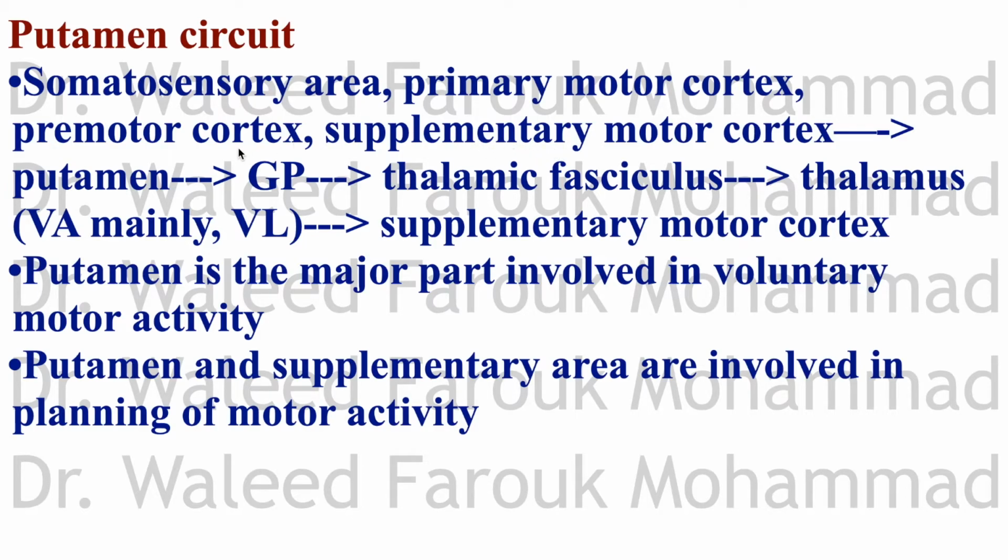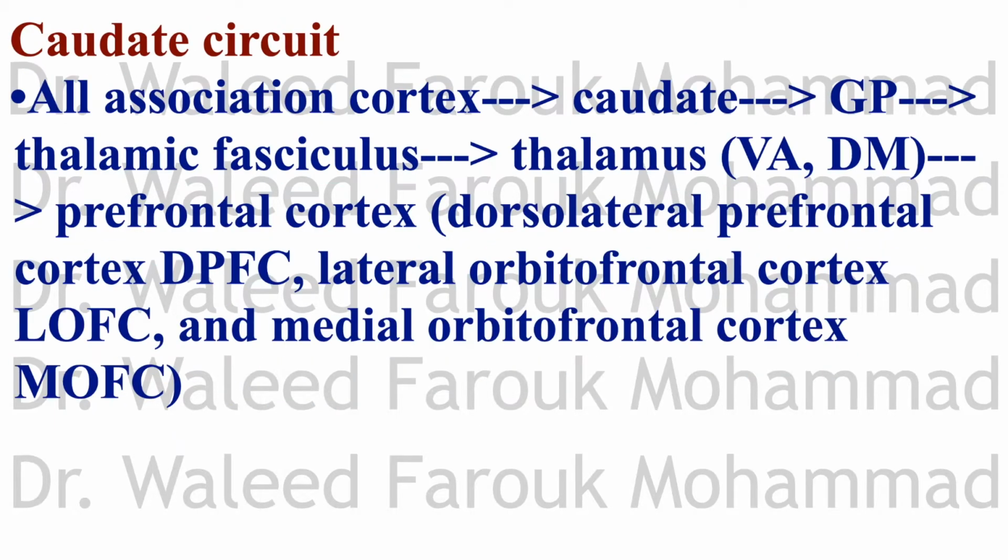Those project out to the putamen, and from it to the globus pallidus, and through the thalamic fasciculus to the thalamus, ventroanterior and ventrolateral nuclei, and back to the supplementary motor cortex. Now, putamen is the major part involved in voluntary motor activity, as you can see from this circuit, and putamen and supplementary areas are involved in planning for the motor activity. This is the putamen circuit.